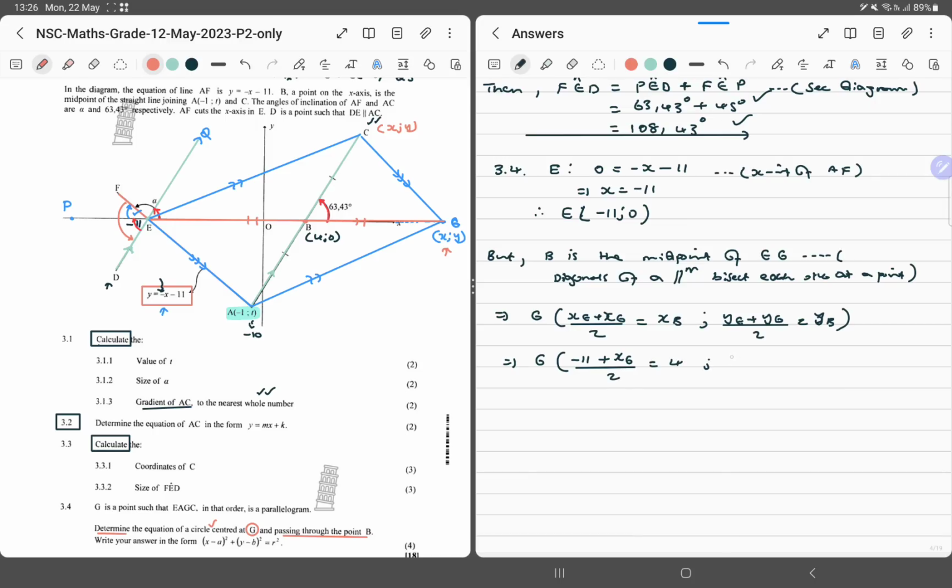This also says y at E, which is 0, plus y at G over 2 is equal to 0.